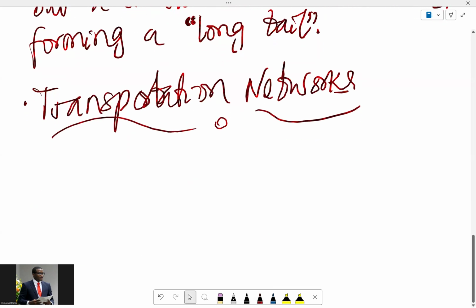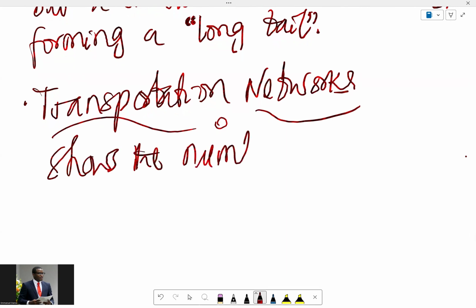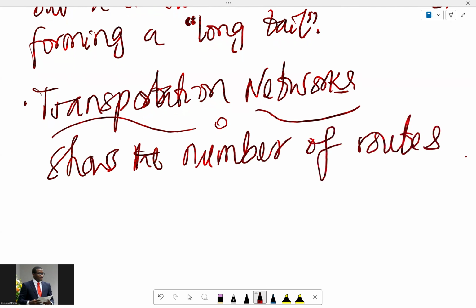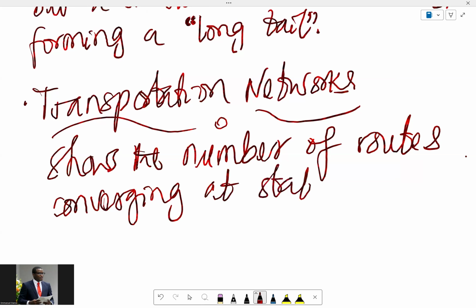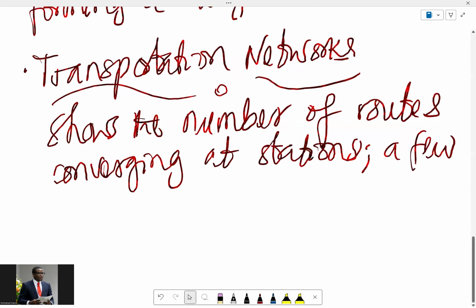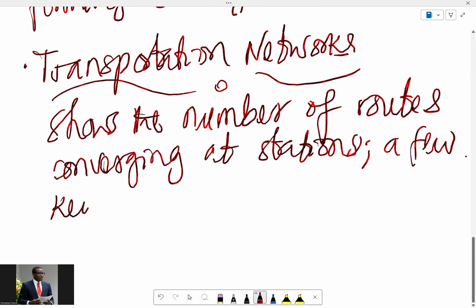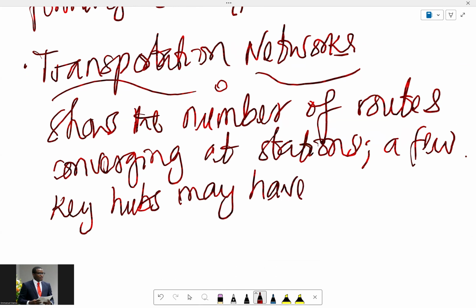Here, a transportation network shows the number of routes converging at stations. So we actually have a few key hubs that may have a high degree.